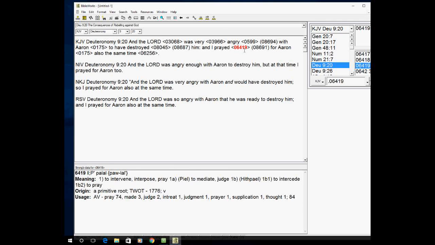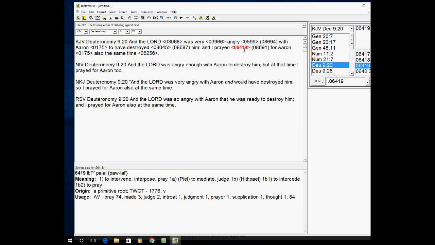So here we're connecting the English word pray with the Hebrew word, and we're connecting it with a meaning, which is to intercede or intervene, or if we go back to our number 3 definition, to seriously ask someone to do something. Intercessory prayer.